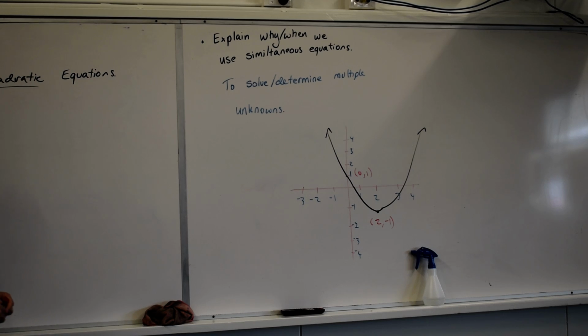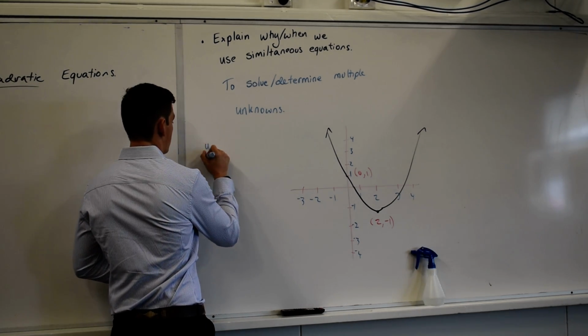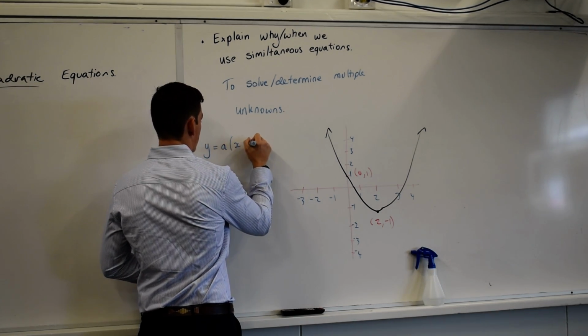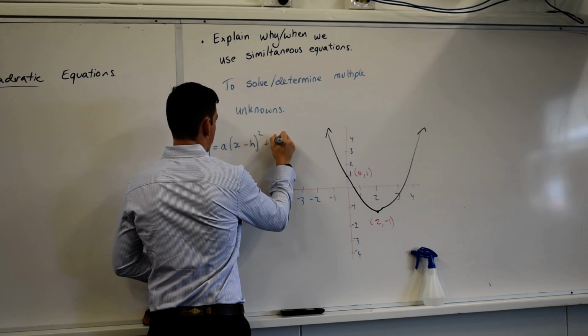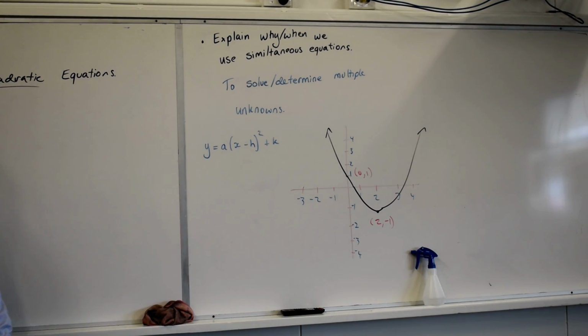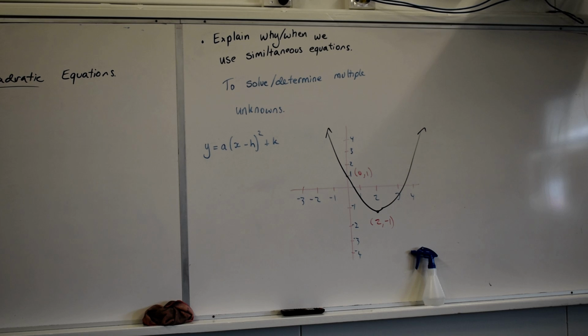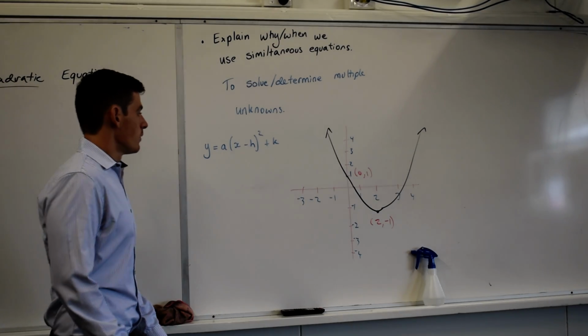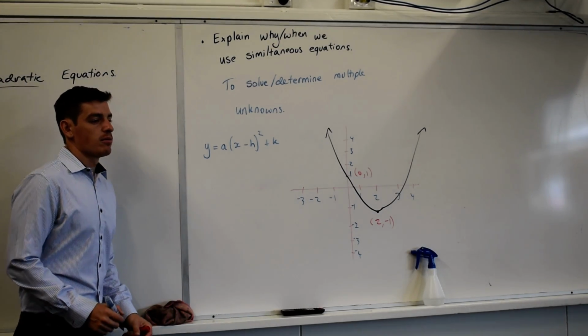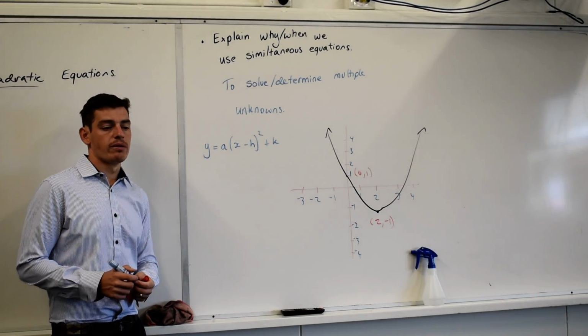Vertex form. So I'm just going to write my general form out. Y equals a(x minus h) squared plus k. I've actually done a really bad example because I don't even need simultaneous equations, but that's okay. Do I know anything about this function straight away?